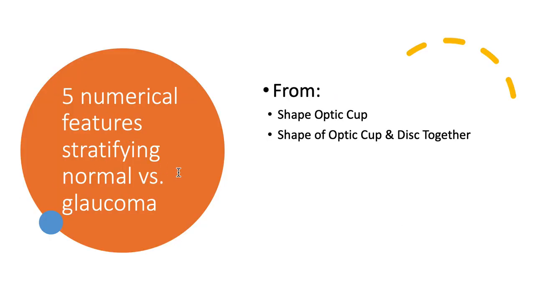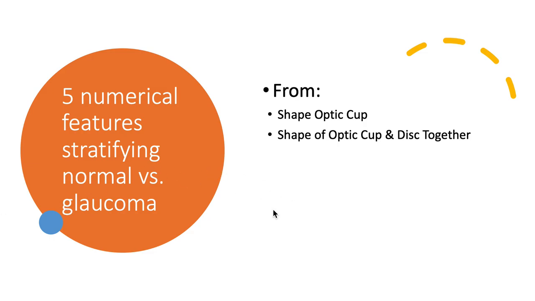So I want to highlight that we find 5 numerical features stratifying normal versus glaucoma, and we did so simply by analyzing the shape of the optic cup and the shape of the optic cup and disc together. We've yet to look at other features in the retina in these fundus images, but thus far, with these obvious ones, we've already found evidence that, in our experience, will yield a 90% accurate classifier.